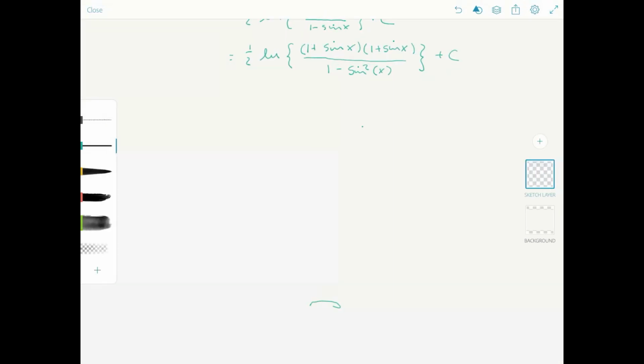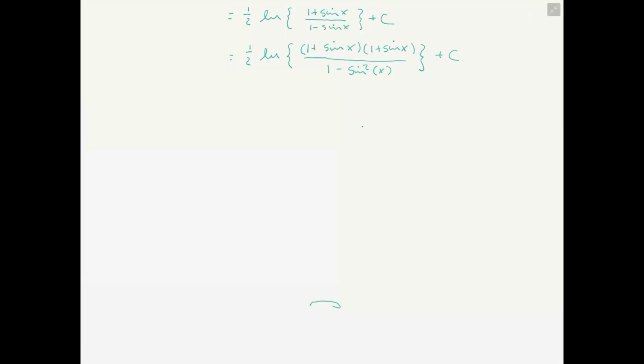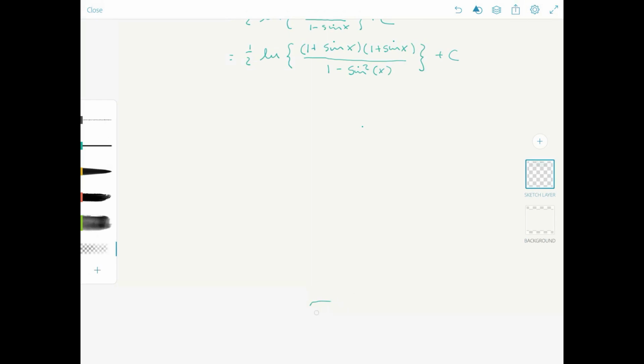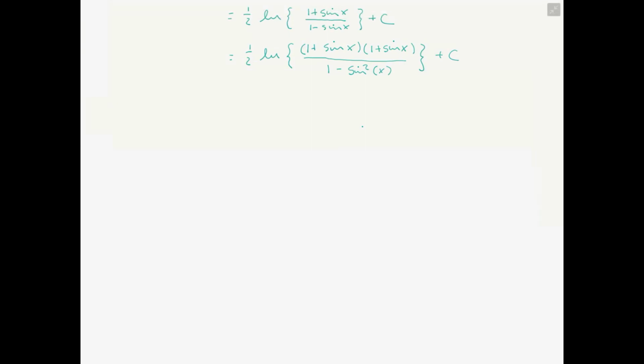And using what we know about logarithms, the factor on the outside, 1/2, is really the exponent for the argument of the ln function. So ultimately, that's where we're going. Here we're just going through the steps.